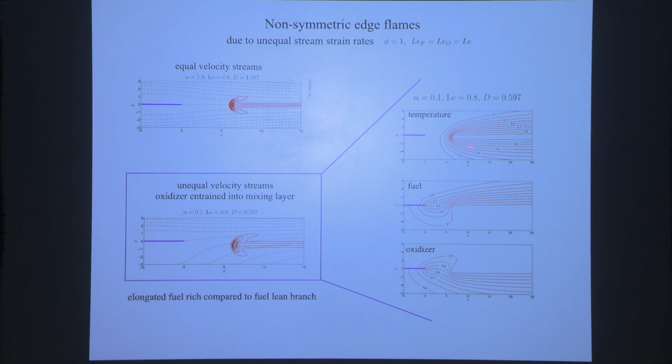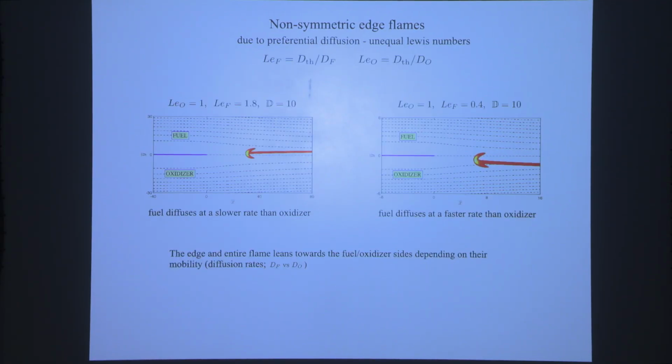And you can see here also the temperature and the fuel and oxide. And by the way, note the upstream effect of diffusion. So it diffuses all the way to a certain distance away from the plate. And so that's a comment I made earlier.